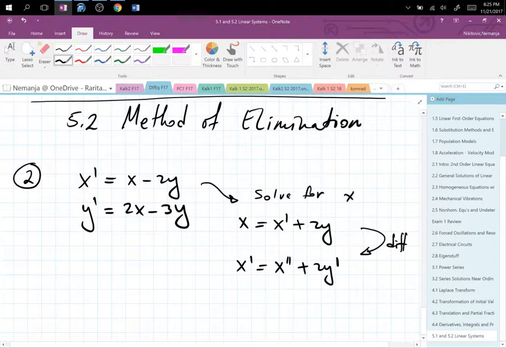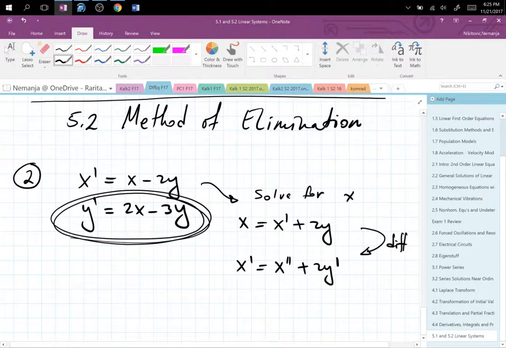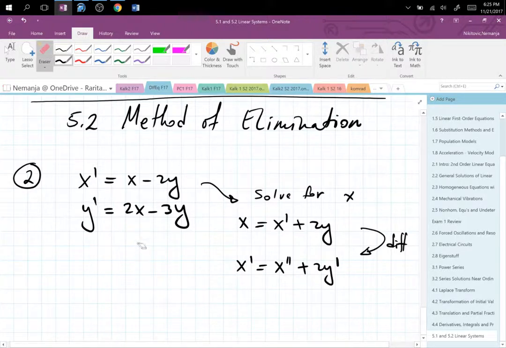And now you have the equation over here. No, we're good, because we can solve for y from the first equation. It's really convoluted, but you have to do it.